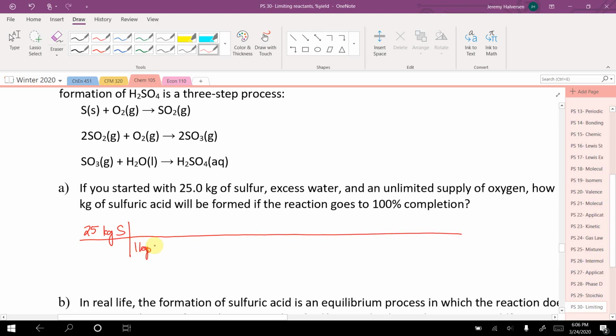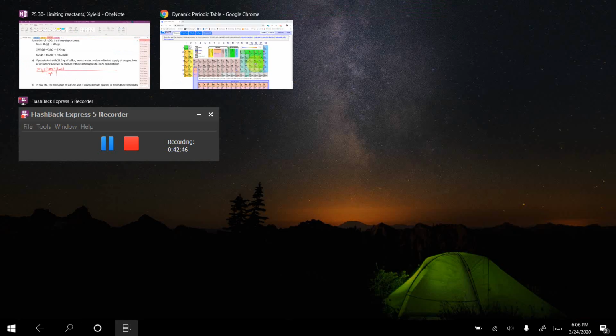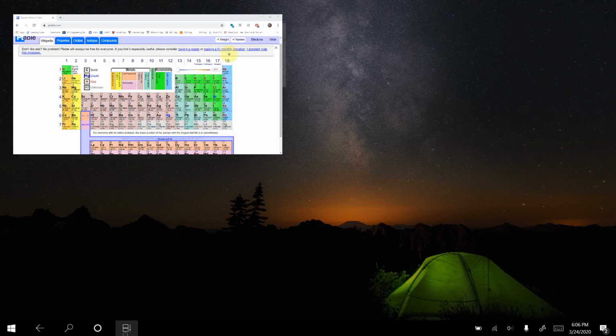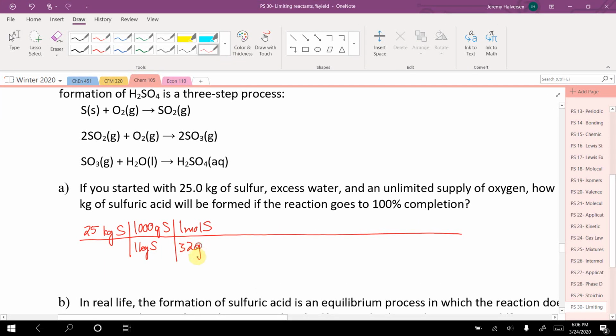And again, 1 kilogram, 1,000 grams. 1 mole of sulfur weighs 32. And this reaction says 1 mole of sulfur makes 1 mole of SO2.